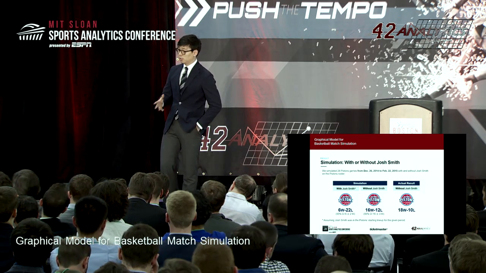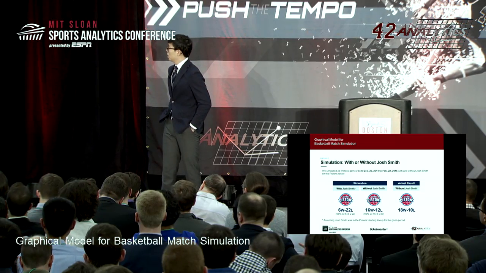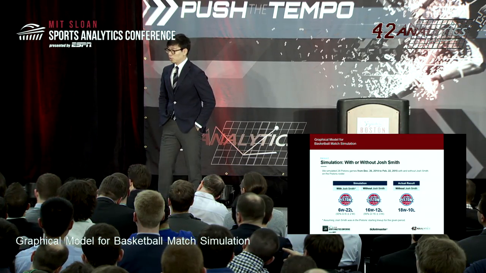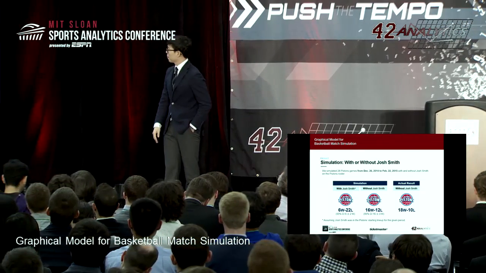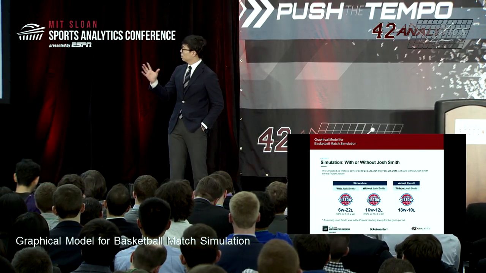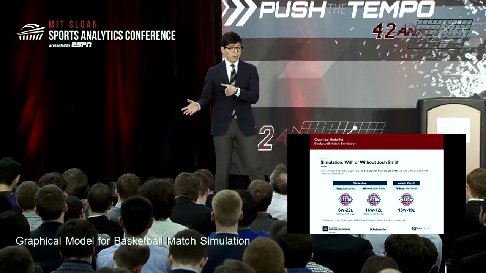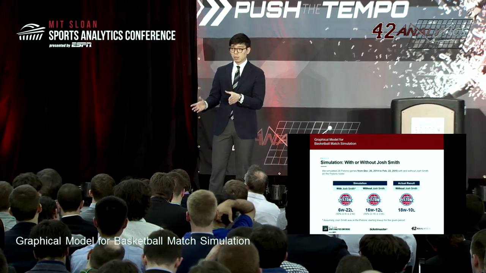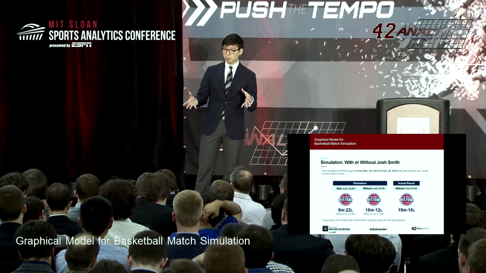We also simulated without Josh Smith, which was the same as the actual event. As you can see, there's a clear distinction in the team performance. The simulation without Josh Smith, compared with the actual result that happened, shows the actual result is well within the confidence interval of our simulation.